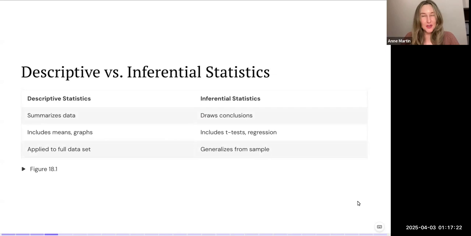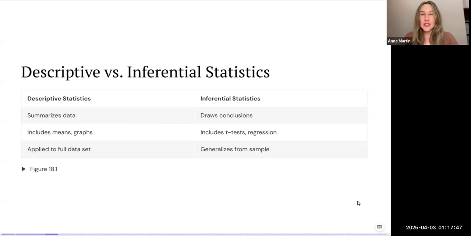So let's make sure that you understand the difference between descriptive and inferential statistics. Descriptive statistics describe a particular data set. They might summarize that data set. It could include the mean of that data set, the frequency. It might have graphs representing that, and it is, again, comprehensive, but also limited to that data set in particular.